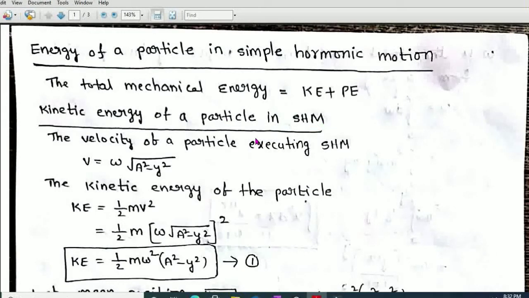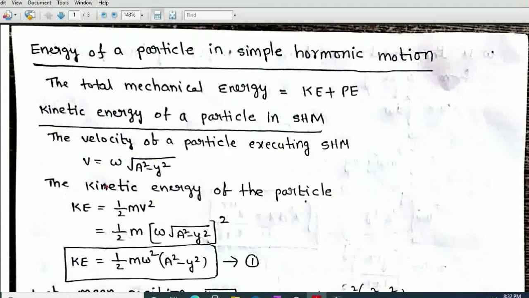We already know that for a particle executing simple harmonic motion, the velocity is v = ω√(A² − y²). In this formula, capital A is the amplitude, y is the displacement, and ω is the angular velocity. The velocity of the particle is given by this formula.